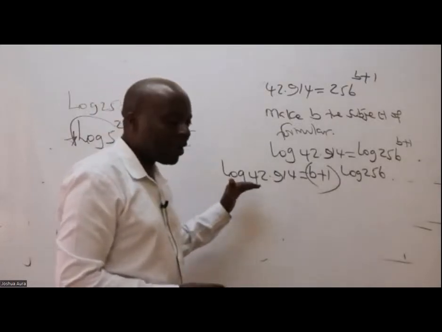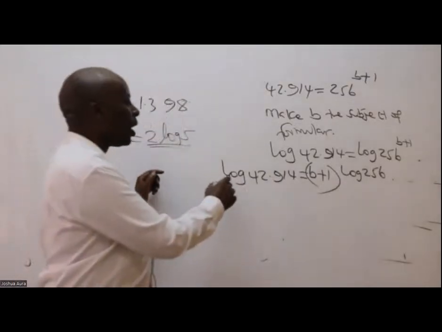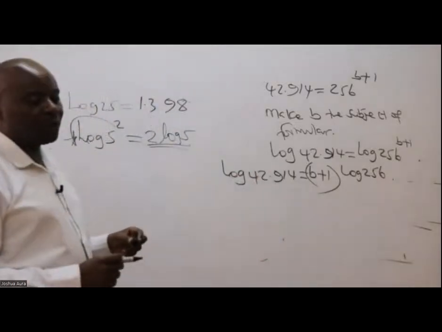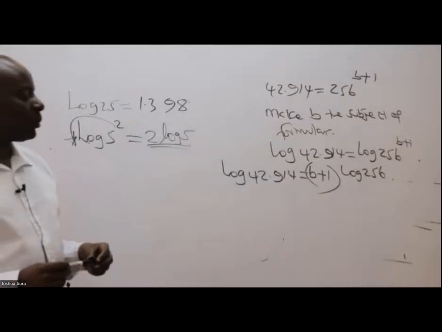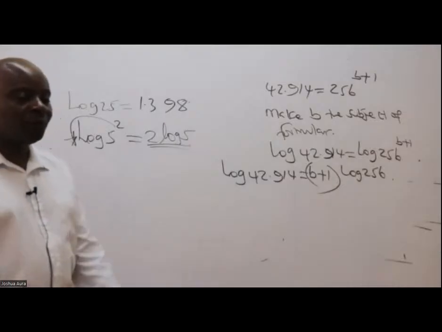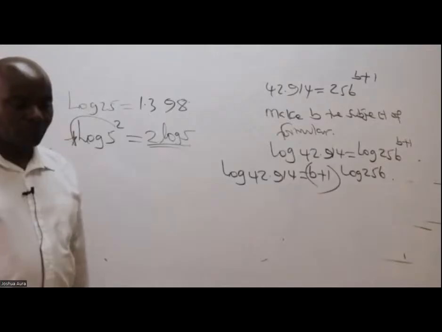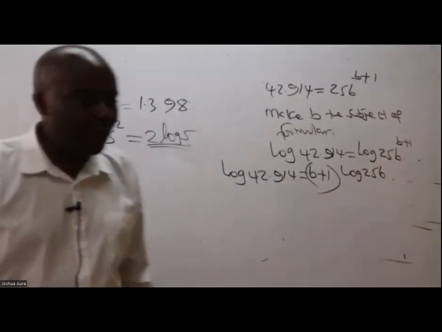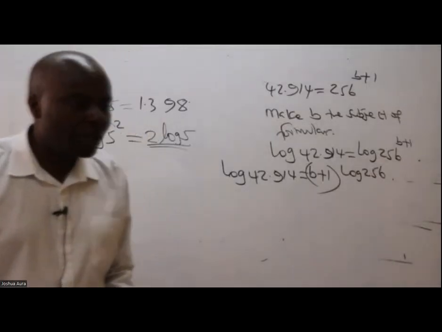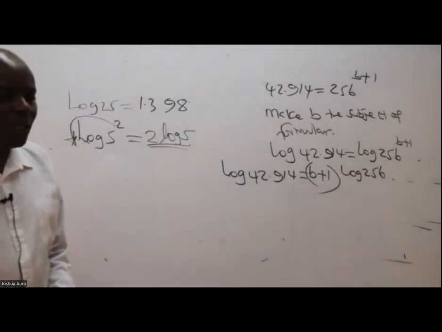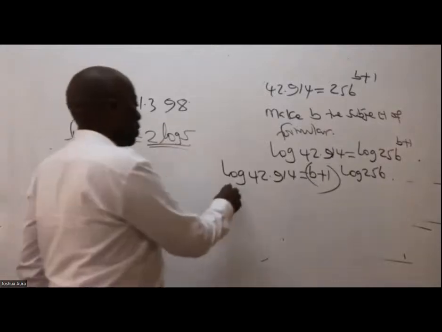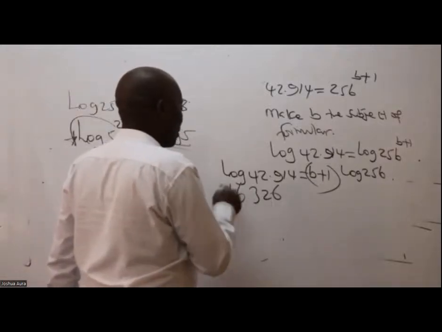Now, could you kindly evaluate? What is log 42.914? Is there somebody who can give me an answer? According to Jamie, it's 1.6326, the decimal there.